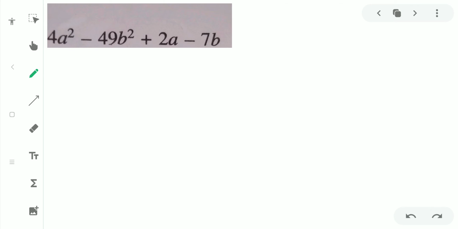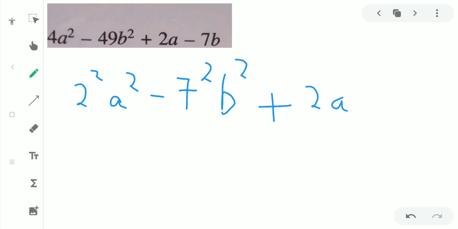So I'll write 2 square a square minus 7 square b square plus 2a minus 7b. I am repeating it again. 4 is nothing but 2 square, and 49 is nothing but 7 square, and 2a minus 7b I have written same.